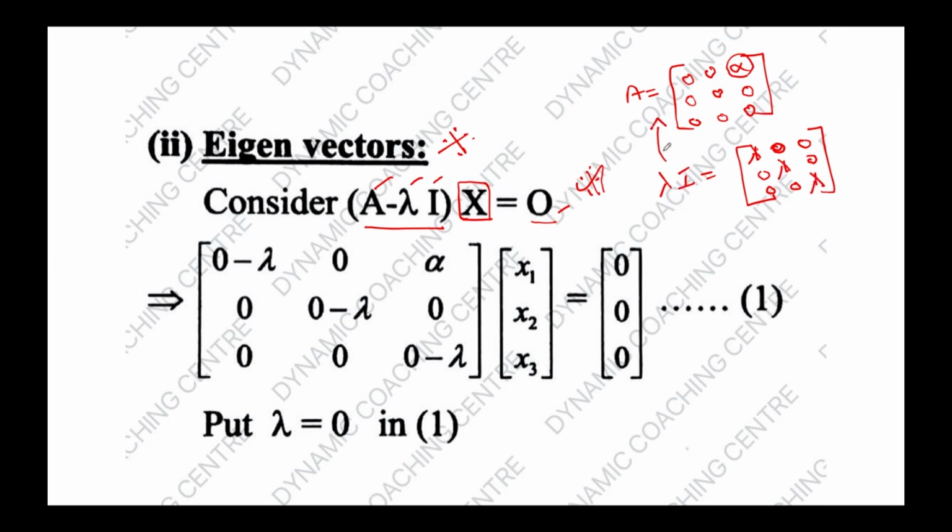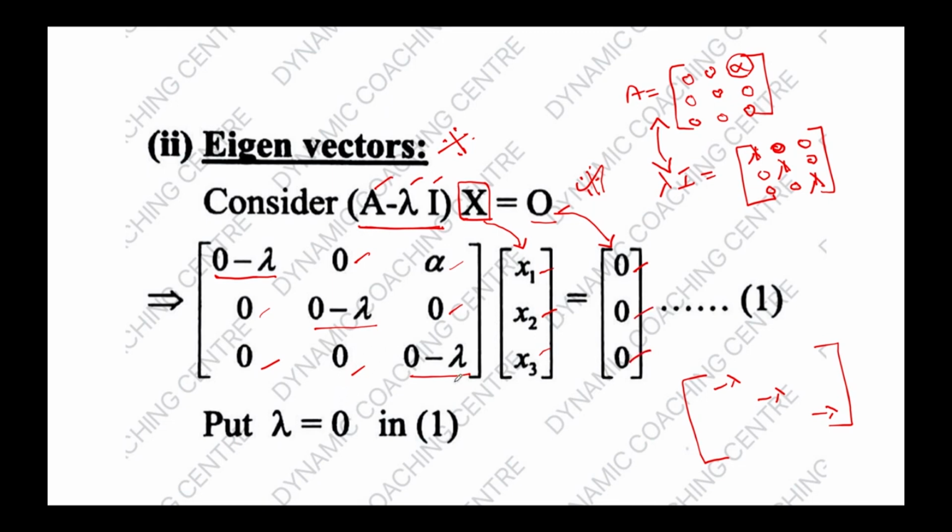Then I subtract the two matrices, which gives A minus lambda I. What you do is take the leading diagonal elements and substitute minus lambda, so you see 0 minus lambda, 0 minus lambda, 0 minus lambda in the leading diagonal, and everywhere else the same elements as in the A matrix. Instead of x, we write x1, x2, x3, which equals 0, 0, and 0 in matrix format.